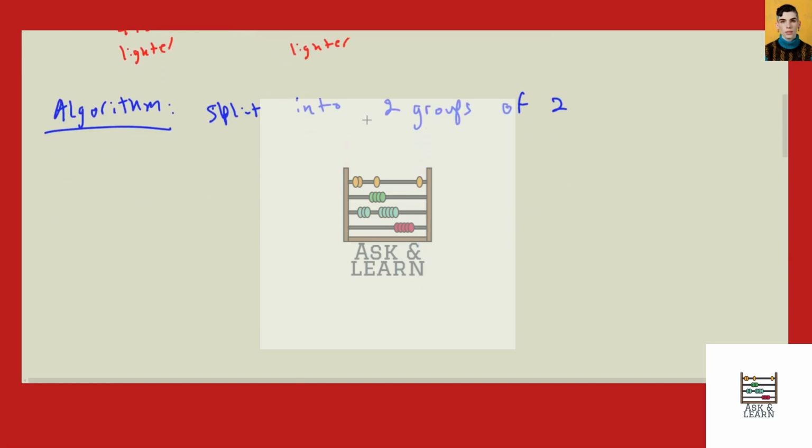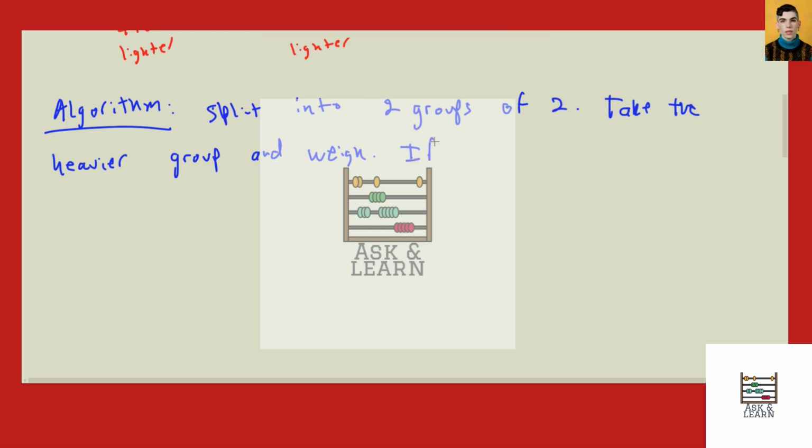All right. So then we split into 2 groups of 2. Then take the heavier group and weigh.